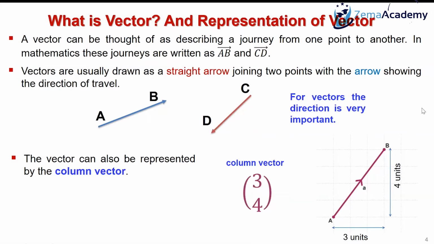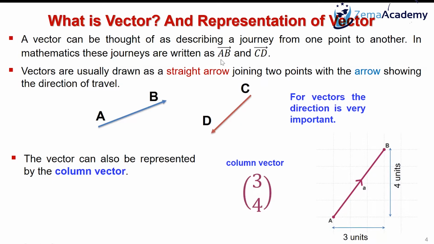Another thing that is important when looking at the vector is how you represent it. One way of representing a vector, as you see on the screen, is writing the endpoints and drawing an arrow over it. Sometimes you may find in mathematics books that a vector is written like this.